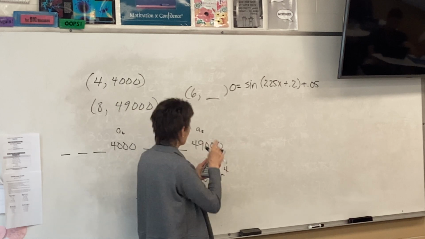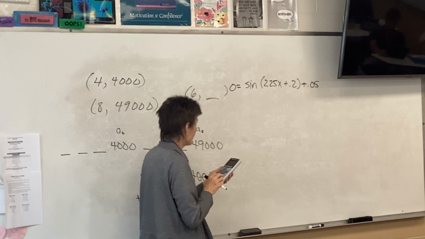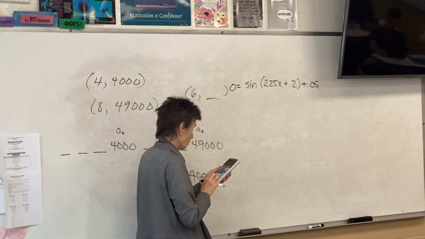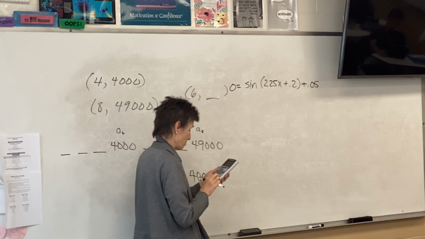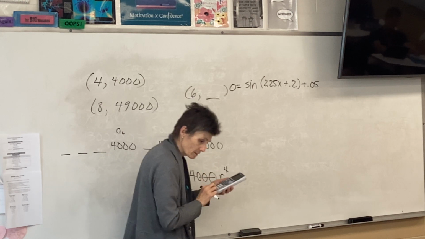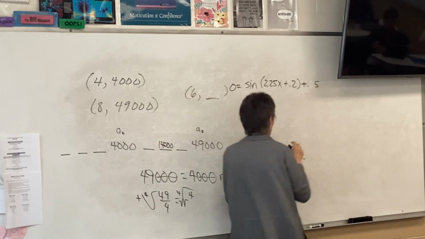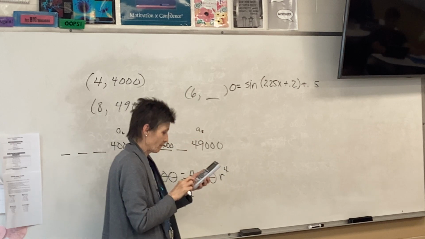I'm going to type in this equation, sine of sine of 2.25x plus 0.2, close parentheses, plus, is that 0.05? No, that's 0.5. Plus 0.5.